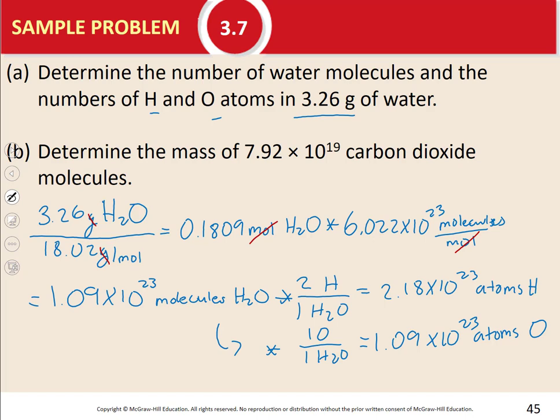Any questions? Do we have followed that one? Oh, no, that's not a 0, that's an O. 1 oxygen. So that's oxygen. 1 oxygen.